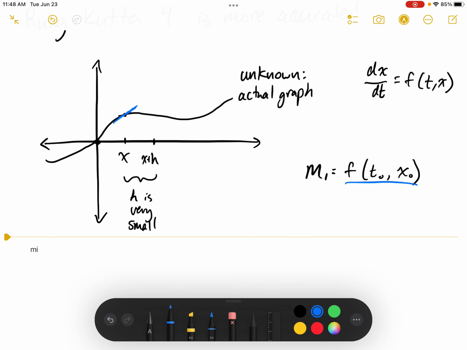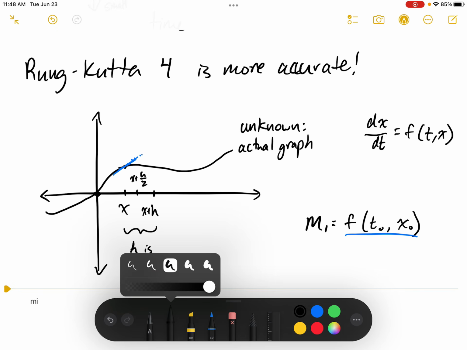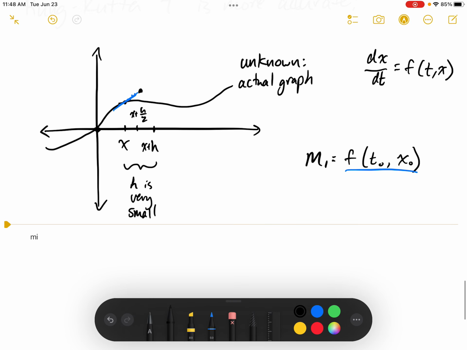So we will go out to x plus h over 2. We will go halfway there, and we will stop here, and we have an approximation for what that value is. And we recalculate the slope at that point instead of all the way through.